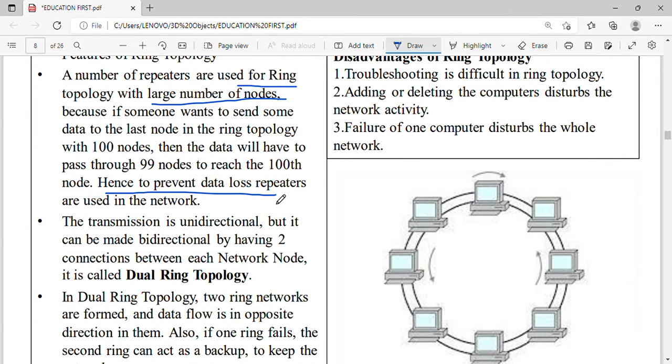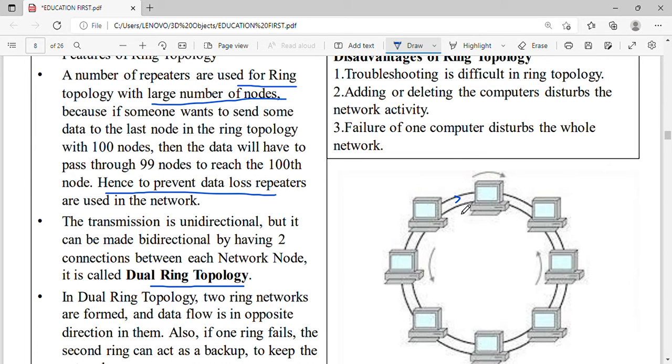The transmission is unidirectional and can be made bidirectional by having two connections between each pair of network nodes. It is called dual ring topology.